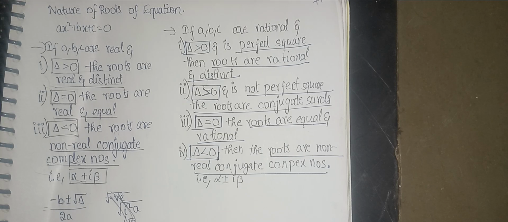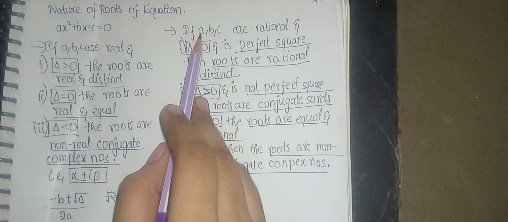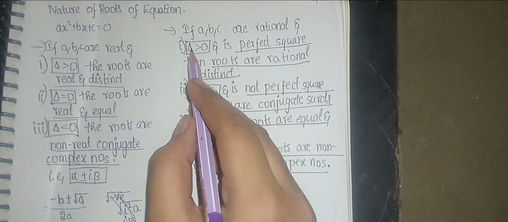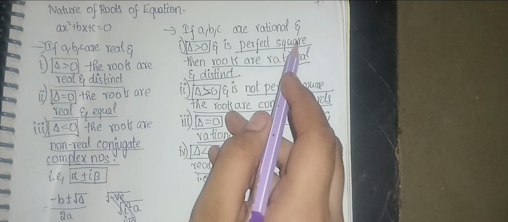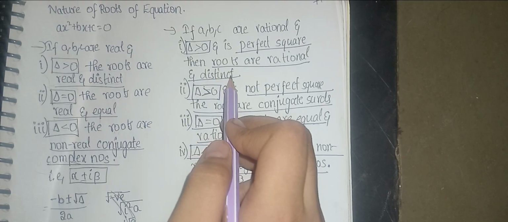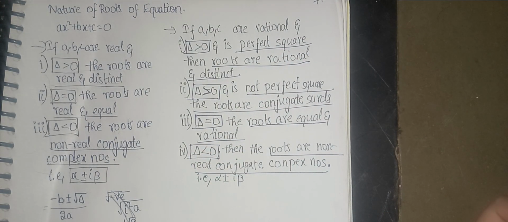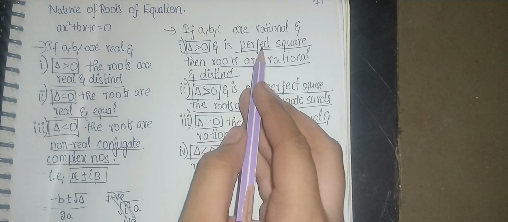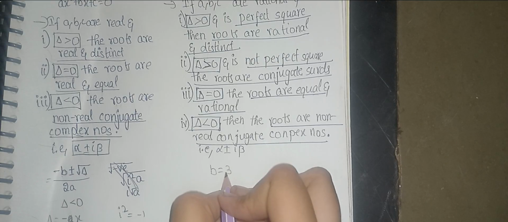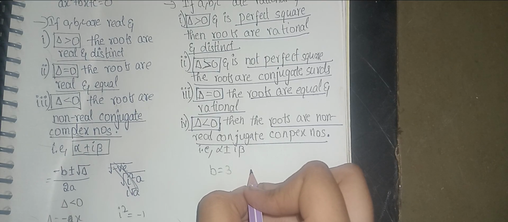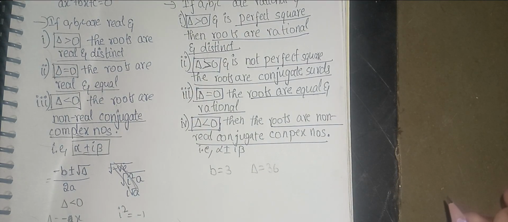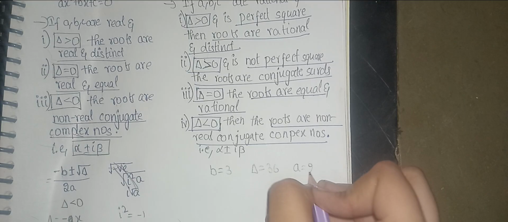So now we'll go to the next case: if a, b, c are rational. See, if a, b, c are rational and delta is positive and a perfect square, then the roots are rational and distinct. For example, b = 3, and here the discriminant is a perfect square, which is 36, and a will be 2.